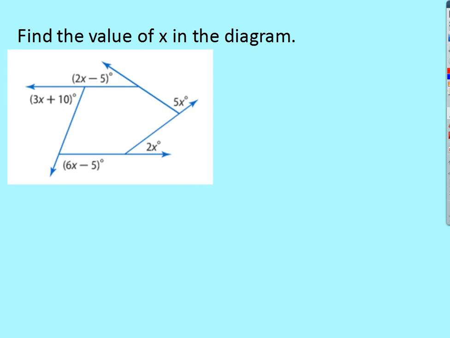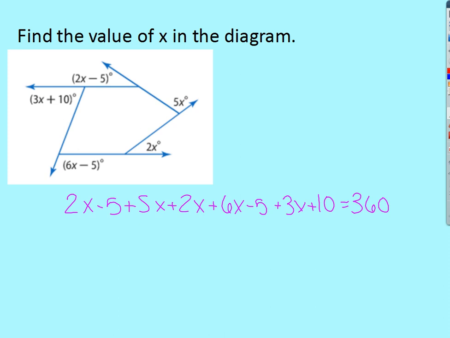So when we write this out, now when we combine like terms, we have 2x and 5x is 7x, plus 2x gives us 9x, plus 6 gives us 15x, plus 3 is 18x. Negative 5 and negative 5 is a negative 10, plus 10 gives us 0, or just 18x is equal to 360.